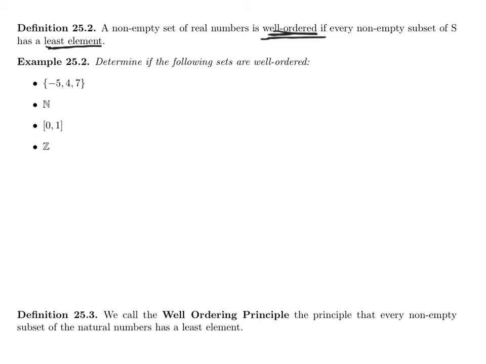So this is indeed well ordered. What about the natural numbers? Is this well ordered? And again, the answer is yes. Take any subset you like of the counting numbers, and it's still going to have a least element.